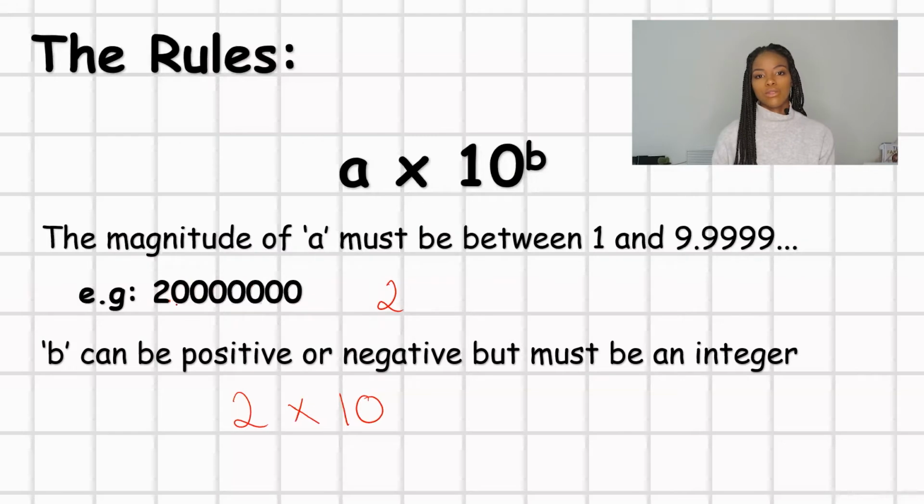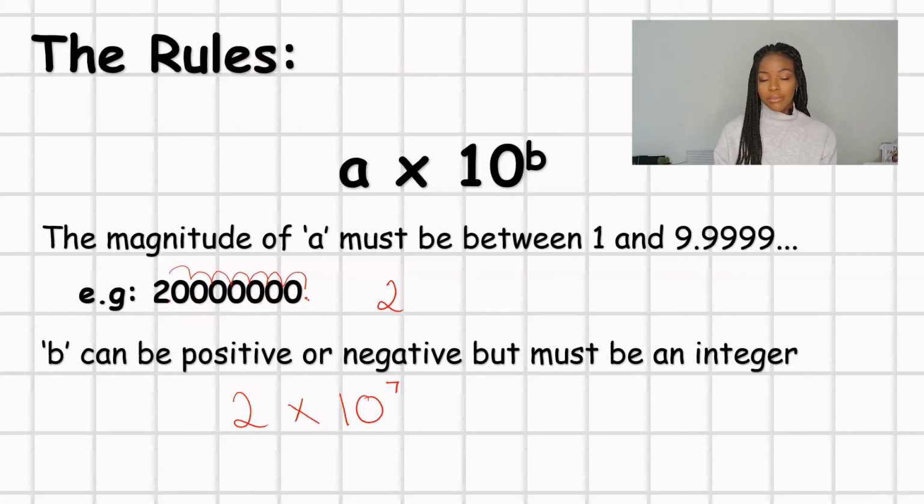If we move the decimal point to the right, the number gets bigger, and if we move it to the left, the number gets smaller. So with our 20 million, we can see that we have 1, 2, 3, 4, 5, 6, 7. So we have to move the decimal point 7 times, so it's here. So it would be 2 times 10 to the power of 7.